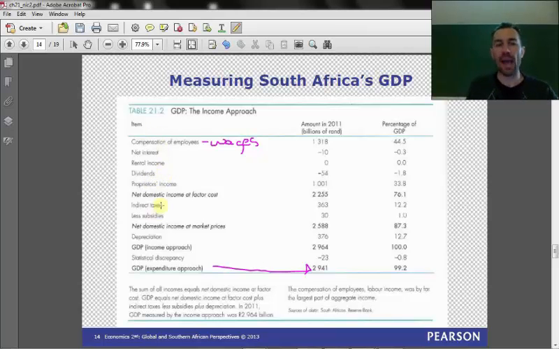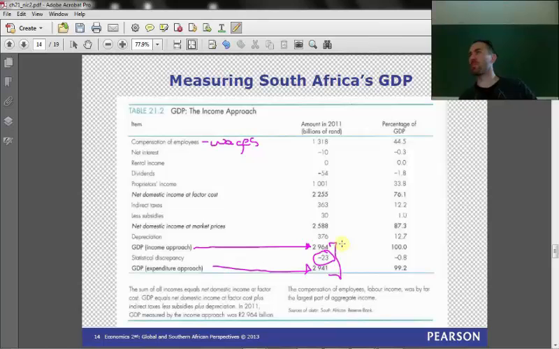Take income, add back taxes, deduct subsidies, add back depreciation, and you're going to get a figure here, 2964. 2964 doesn't quite equal 2941, right? And that comes back to the point you made, because we're not very good at measuring things. So somehow we come to a slight difference in our measurements. Okay? Not everything was captured.